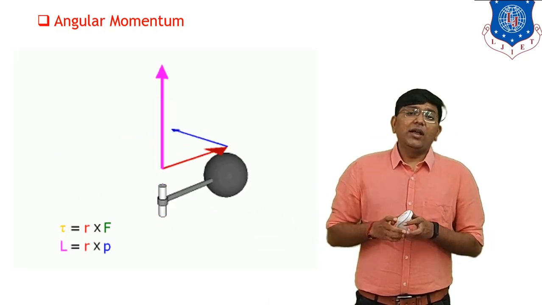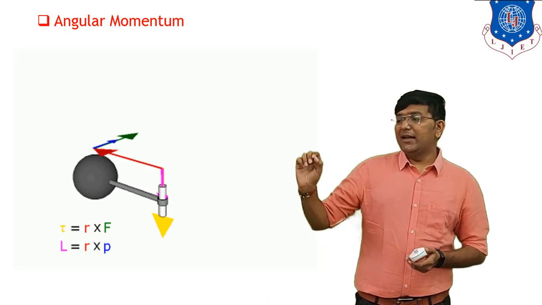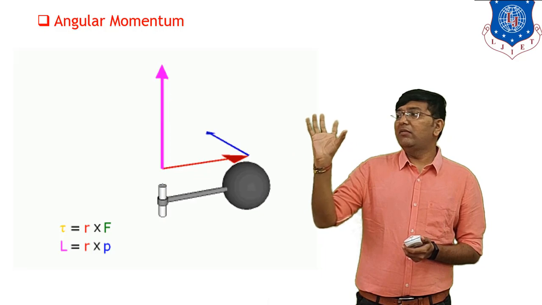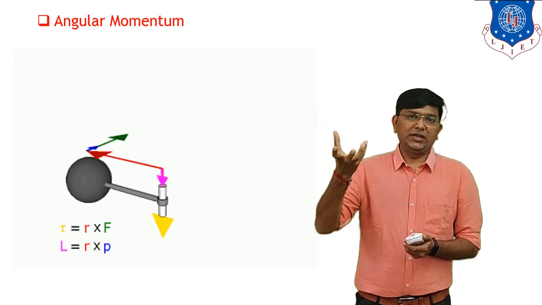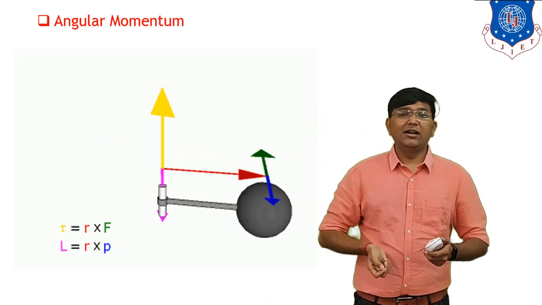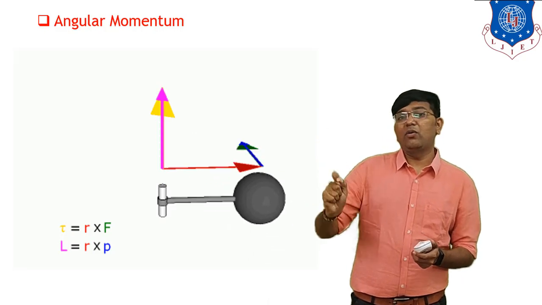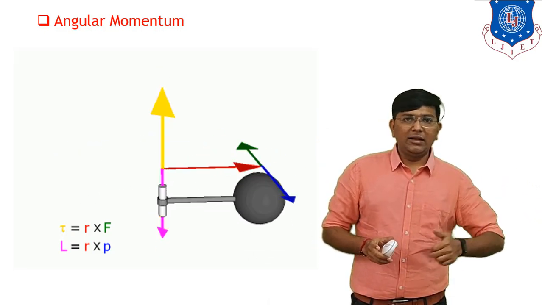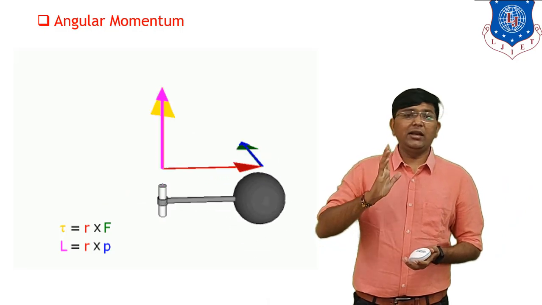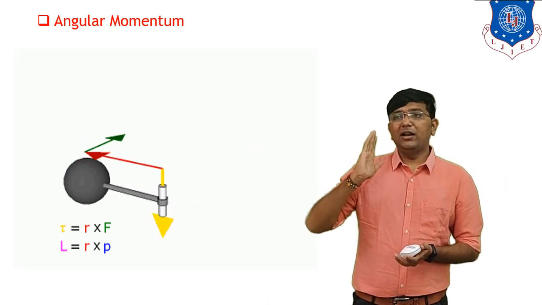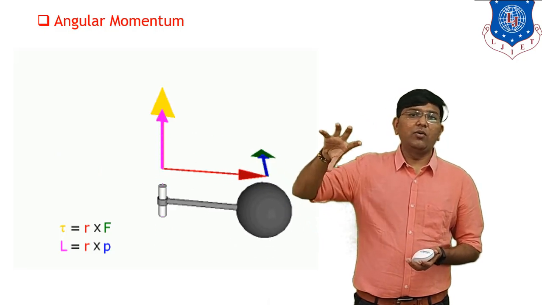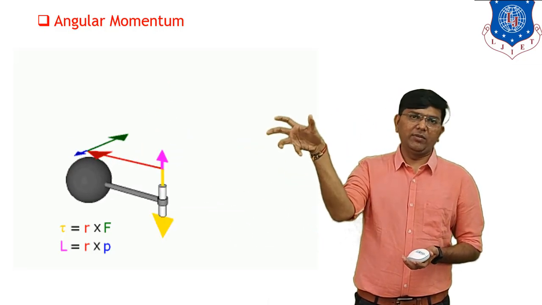In linear momentum we consider mass of the body, but in angular momentum the body is in motion of angular velocity. So instead of mass we have to consider mass moment of inertia, capital I. In linear momentum we consider linear velocity of the body, but in angular momentum we have to consider angular velocity of the body.